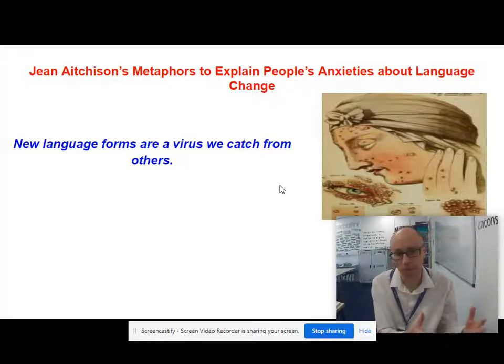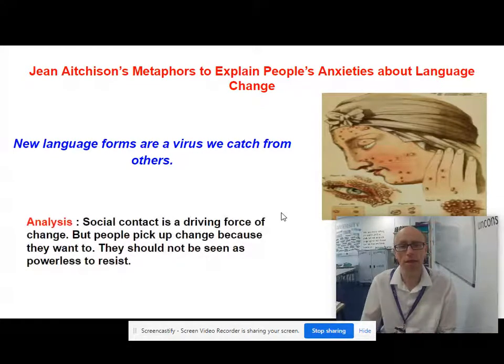So younger people are using these lazy forms and other people are beginning to catch on. Okay, so this is a big anxiety that people have. And the way to analyse it is to say, yes, social contact is a driving force of change, but people are not powerless on this. They're not passive. People pick up change because they want to.